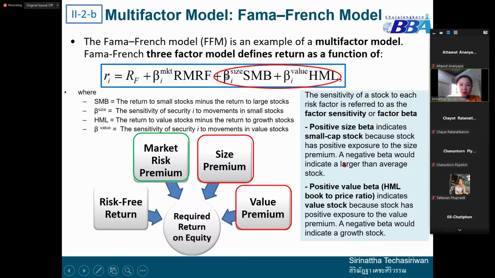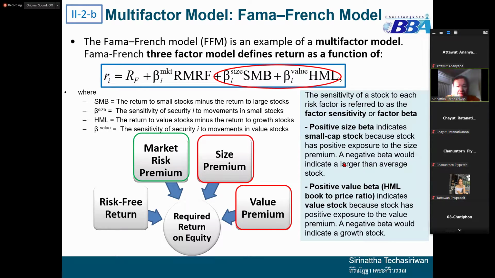So they add this term that explains the source of the required return that's supposed to be higher, called small minus big. So small minus big represents the return of small cap firms over big cap firms. When we talk about small cap, it's small market capitalization.